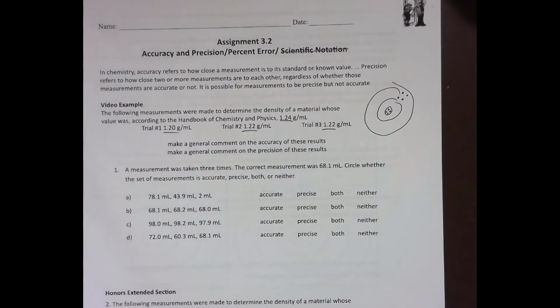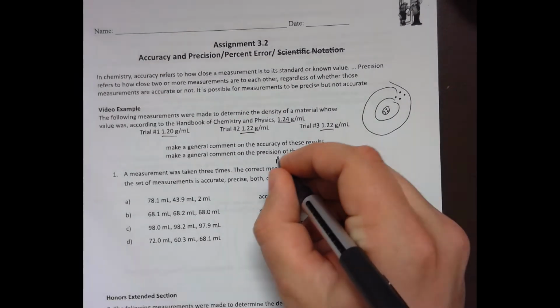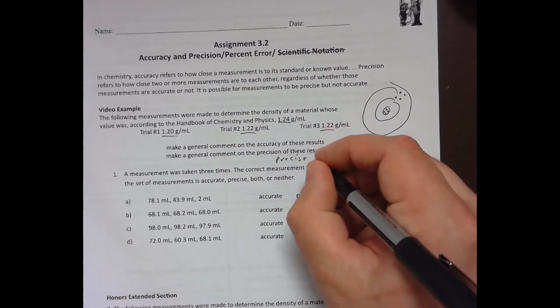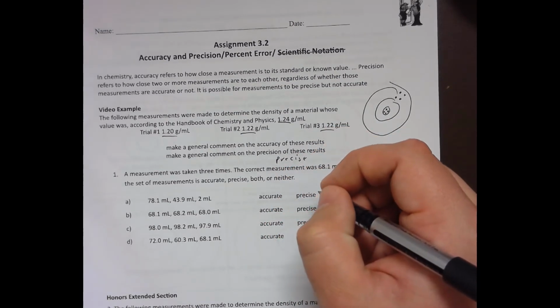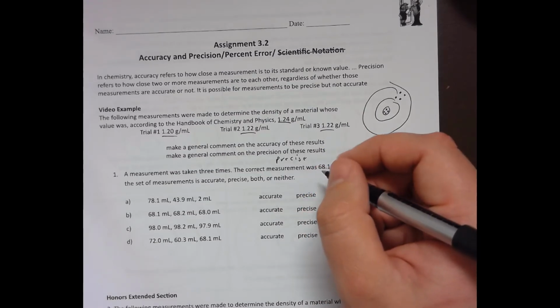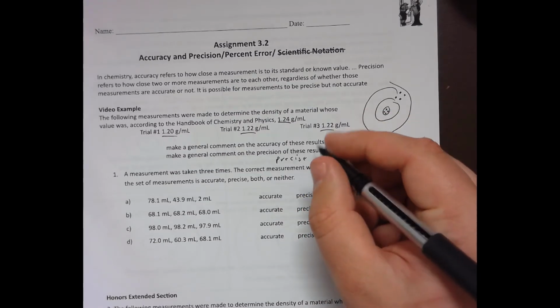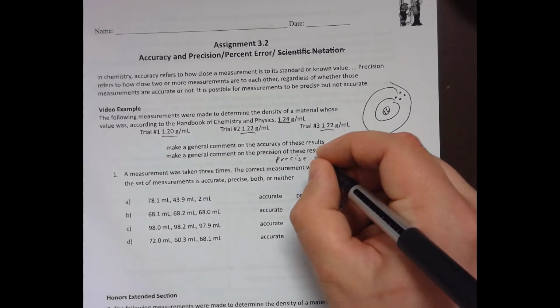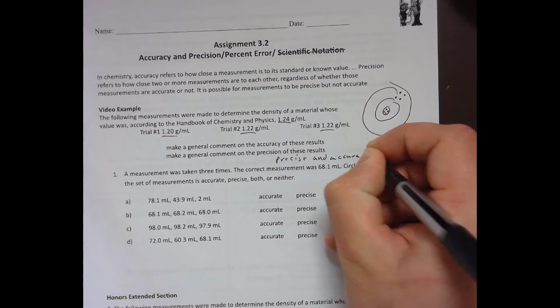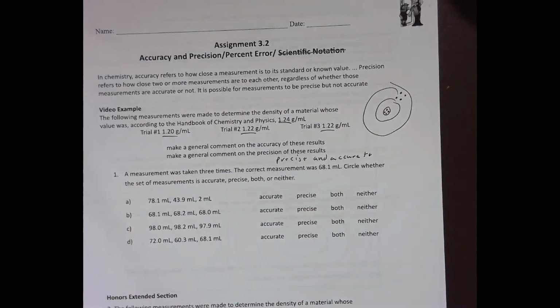So you could say, well, yes, I was actually very precise with my measurements. And if I want to say that my accuracy was within 2/100ths, then yes, I am accurate as well. Now, if I wanted to get it within a 100th, then I'm not accurate. But in this case, I'm getting pretty close. I'm getting to where I want it to be.